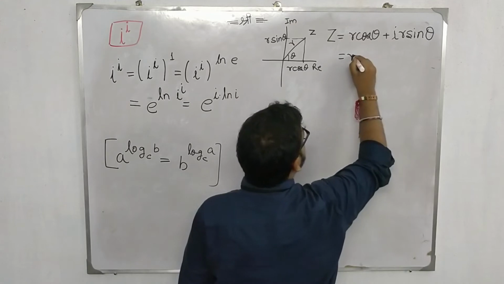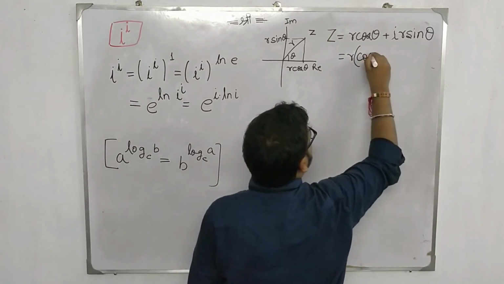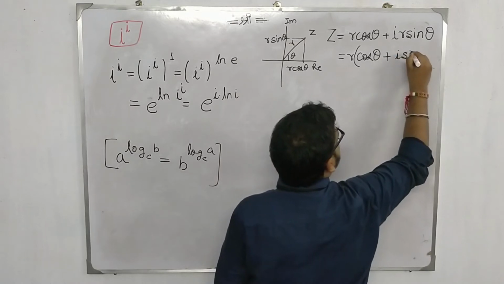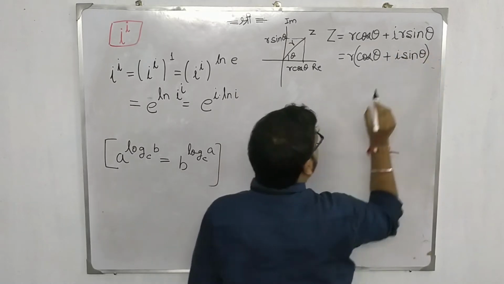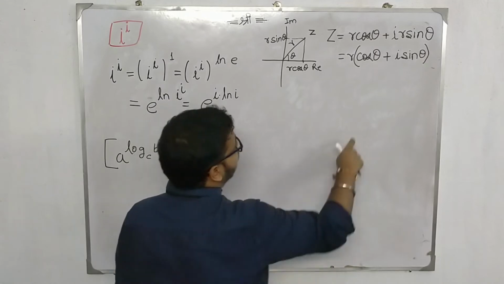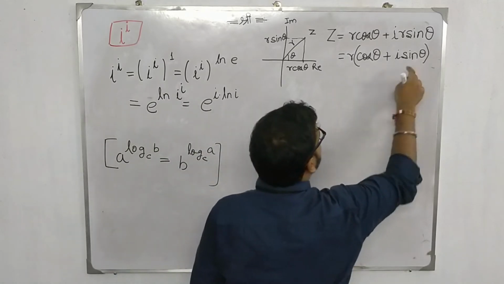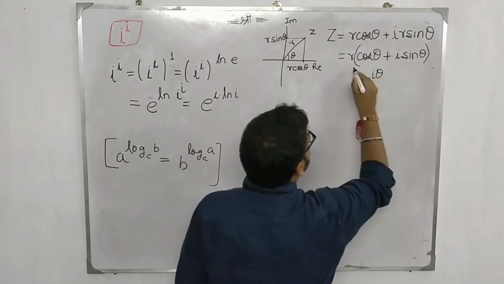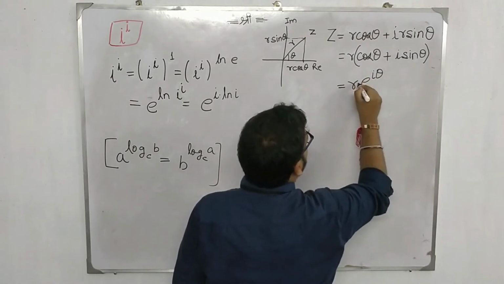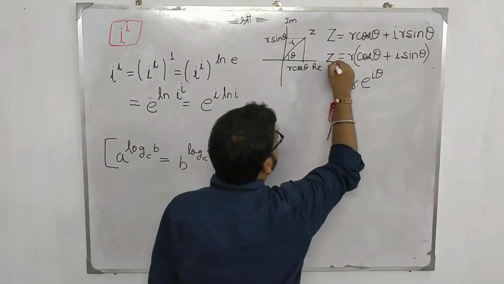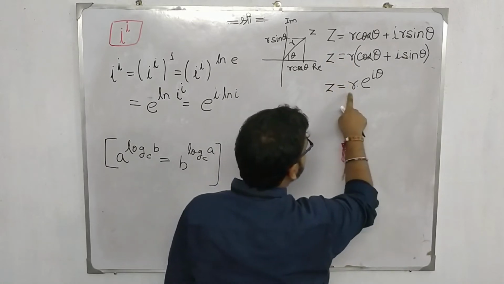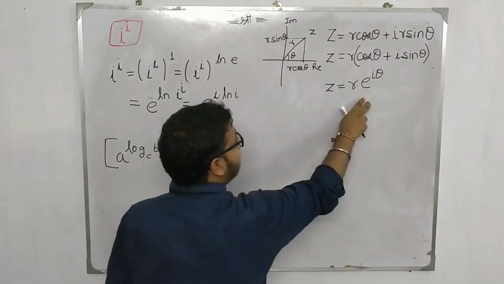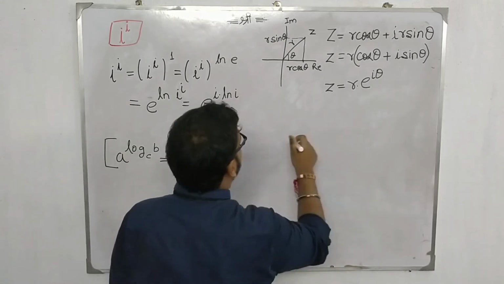Now if I take r as common, this becomes cos theta plus i sin theta, and according to Euler's formula, cos theta plus i sin theta can be written as e to the power i theta, and r can be multiplied to it. So z is equal to r times e to the power i theta is the format.